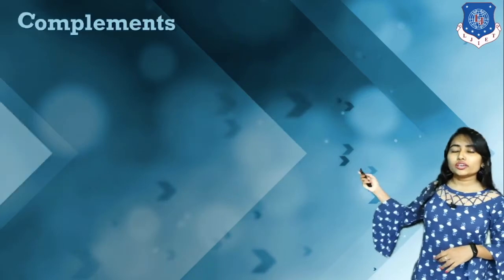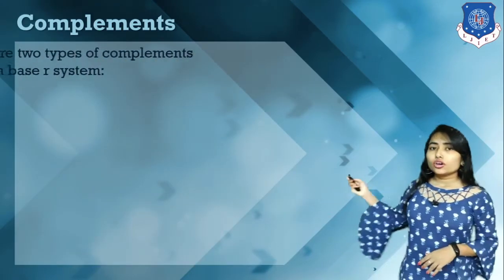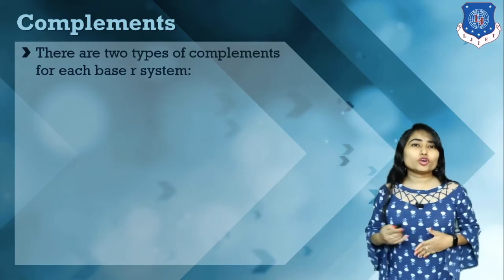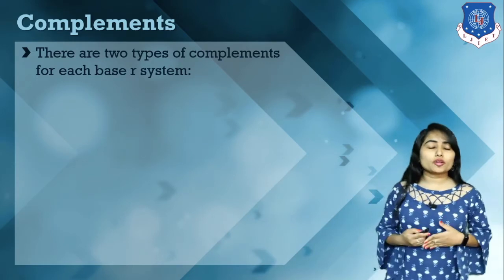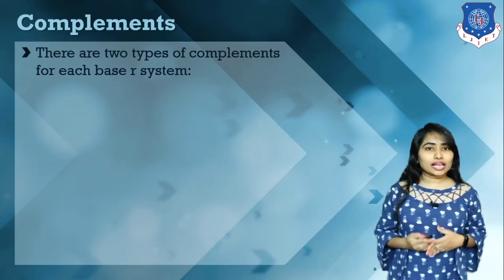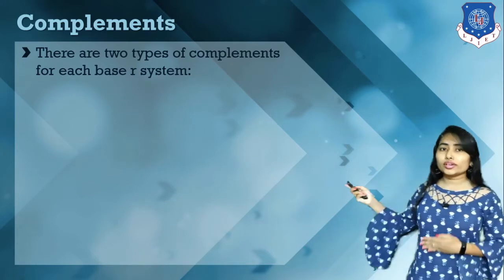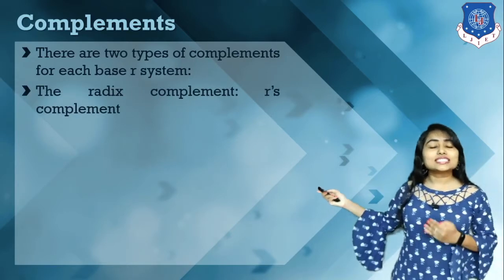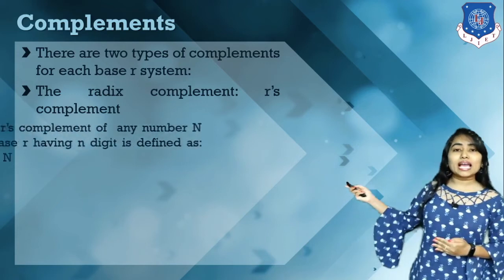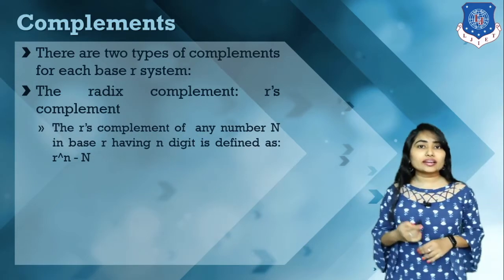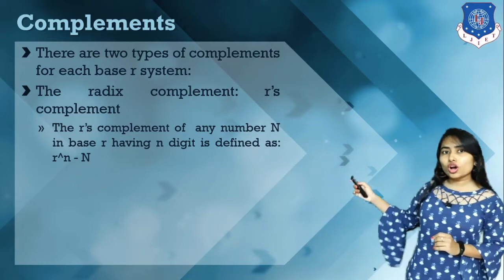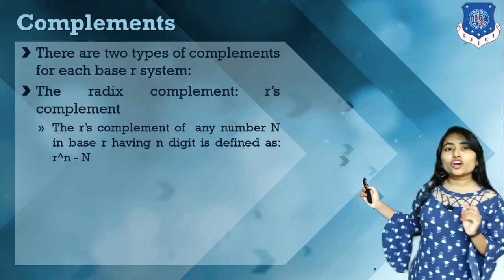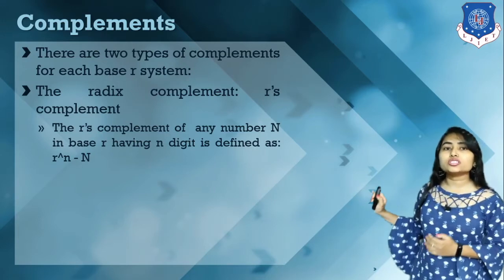So here we have complements for a base R system, that means for decimal base 10 and for binary base 2. How can this complement be calculated? We have two types of complement. First is the R's complement, which can be calculated by R raised to n minus N. Here small n represents the number of digits and capital N represents our number.